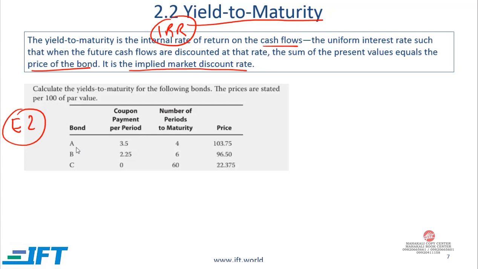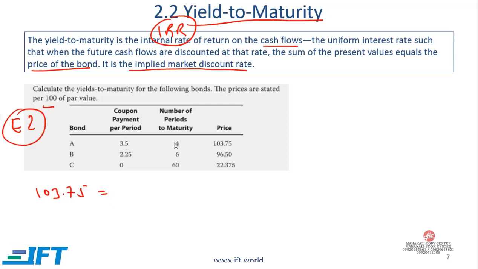So we have bond A, we are given the coupon payment, the number of periods to maturity and the price. For bond A, I'll just show you the concept the way it is shown in the curriculum, and then we'll use the calculator. So what we are saying is that the bond price is 103.75. This is equal to the present value of the coupon payments and then the final par value.